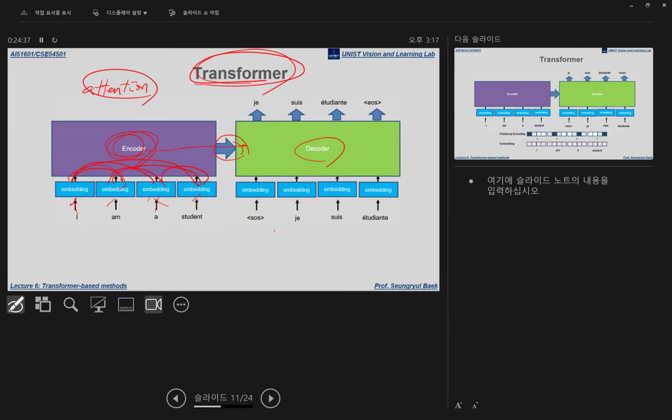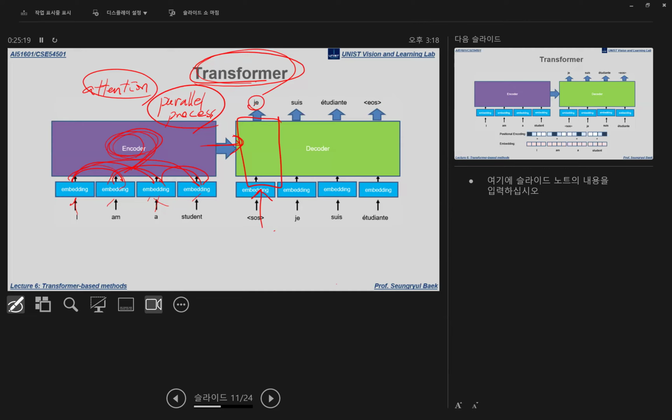Okay. And what the decoder does is similar to the previous sequence-to-sequence model based on the LSTM. Encoders are processed in parallel, but decoders still have to be operated sequentially. So given this encoded feature, they input only the starting token and then estimate the first word.